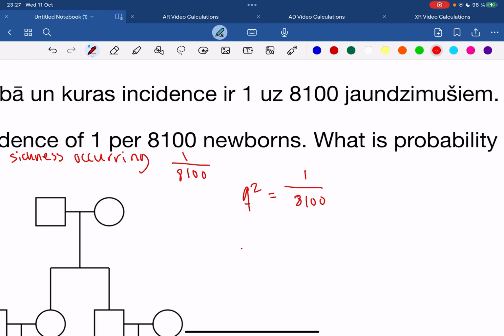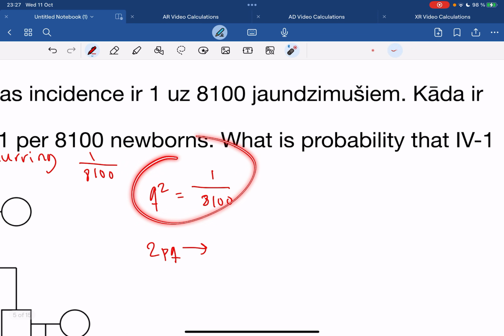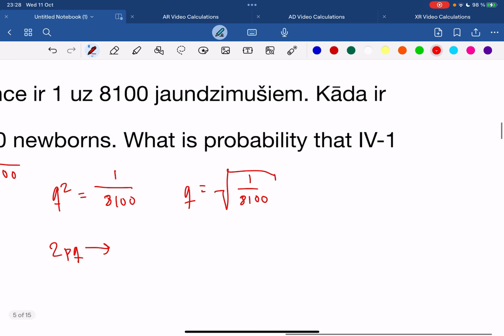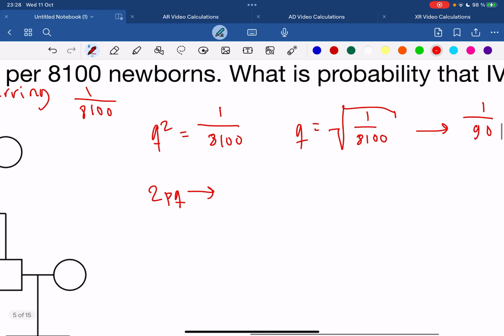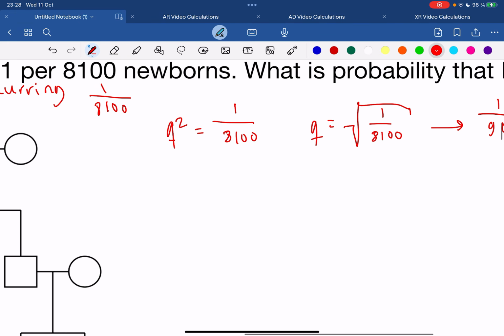Now we can solve for 2PQ by just taking the square root of Q to the power of 2. So Q would be the square root of 1 out of 8,100. That is equal to 1 in 90. And now 2PQ, well, let's actually solve for P so that people understand.